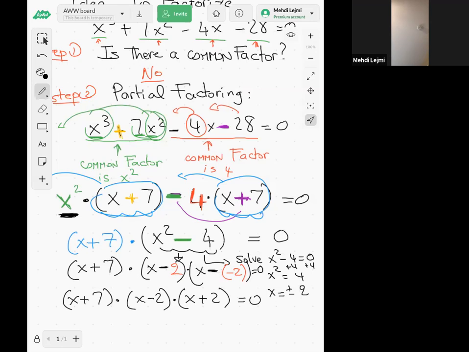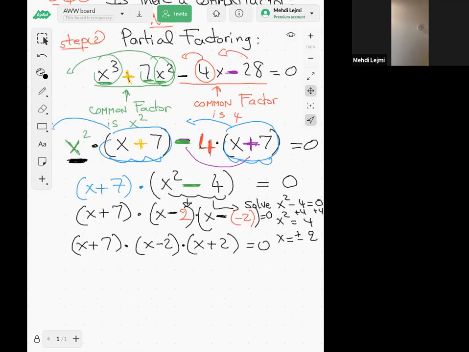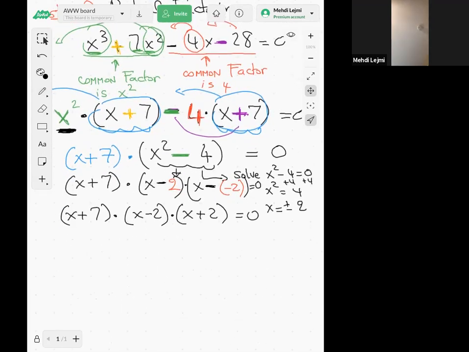Okay. And so you see, guys, what are the solutions here? Well, x plus 7 times x minus 2 times x plus 2 is equal to 0. Remember, guys, if you have a product of numbers equal to 0, it means that one of the numbers is 0.